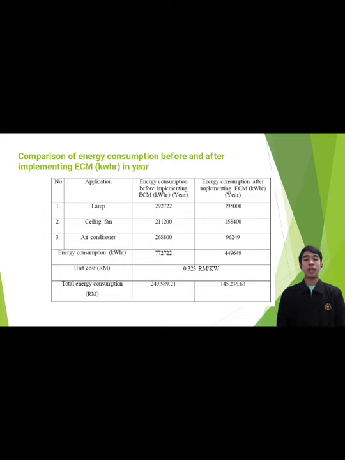From the data, it can be seen that the energy consumption before implementing ECM is 772,722 kilowatt hour, which cost RM 249,589, while after implementing the ECM, the consumption drops to 449,669 kilowatt hour, which cost RM 145,236.